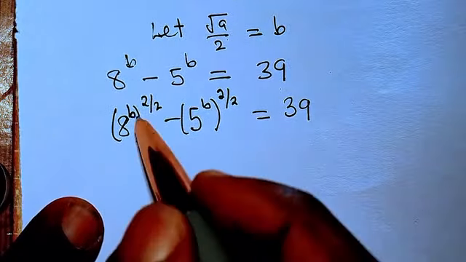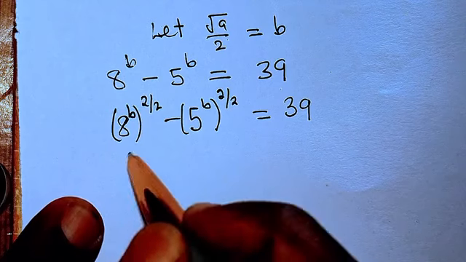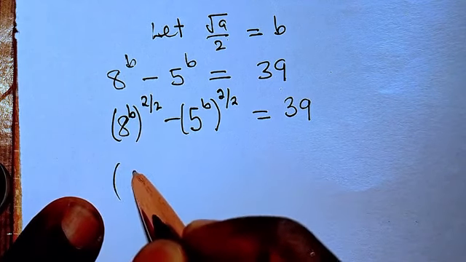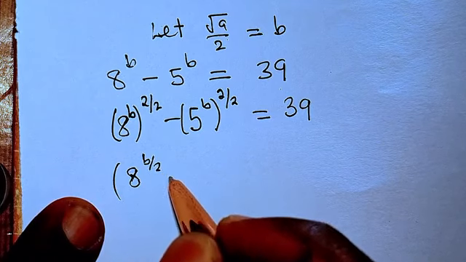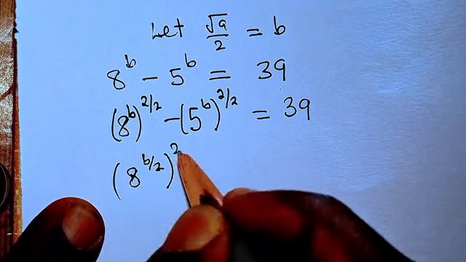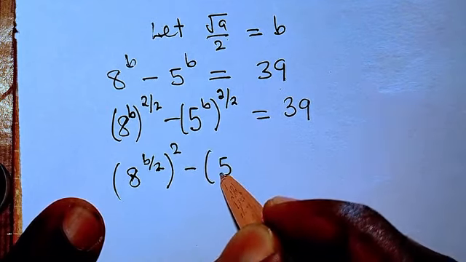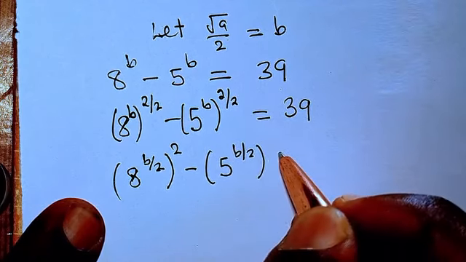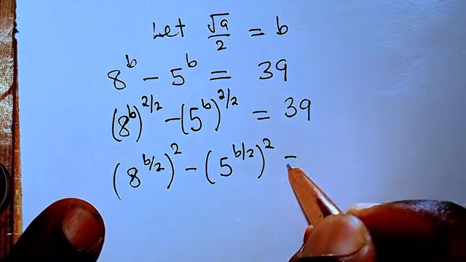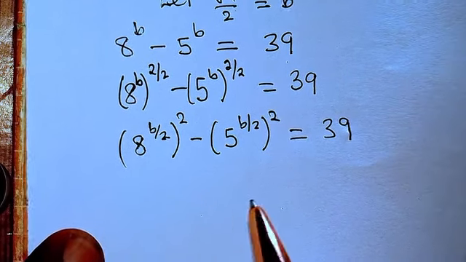So I can rewrite this equation by bringing this one outside, or this one inside, that is 8 to the power of b over 2, then all to the power of 2, the 2 that is up here, minus 5 to the power of b over 2, then this to the power of 2, equals 39.